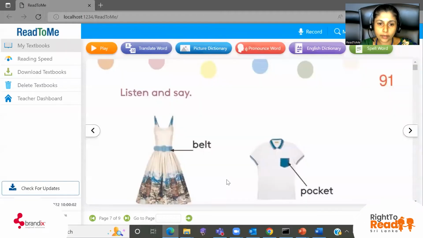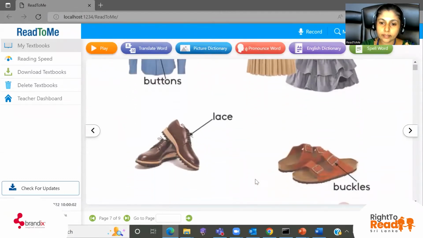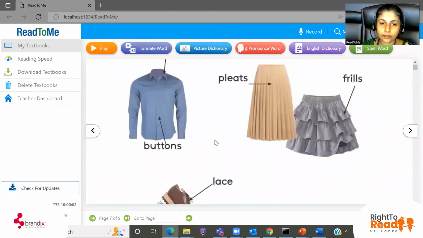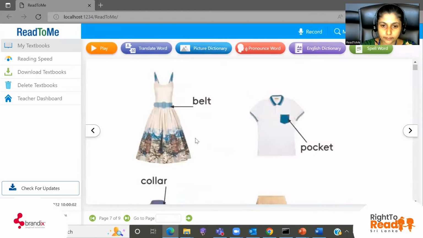In page 91, you can see some clothes here. And also, shoes and sandals are there. Can you see? In this page, all the clothes have different parts. They are labeled.